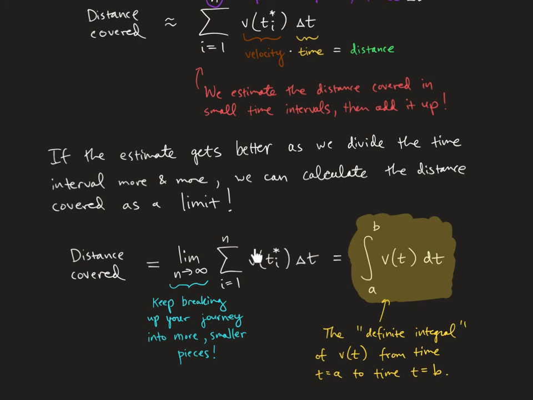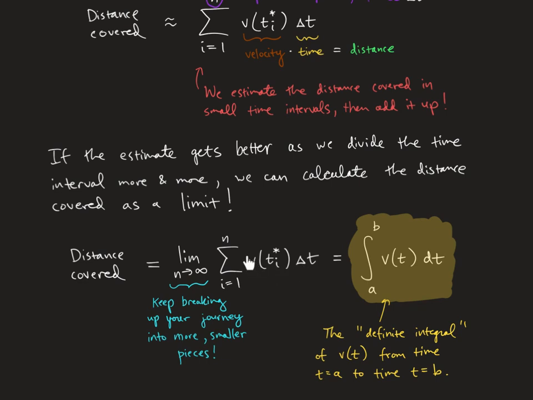Okay, so the basic idea is really rather simple. The idea is that distance is velocity times time as long as our velocity is constant. And when your velocity is not constant, you estimate. You break up your time interval into a bunch of smaller time intervals so that the velocity is basically constant. And then you can apply velocity times time equals distance.